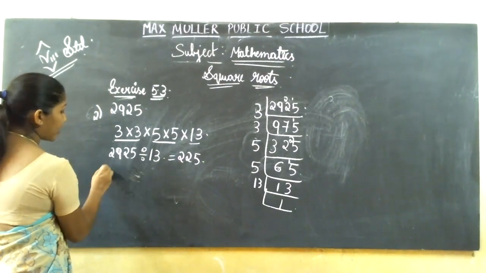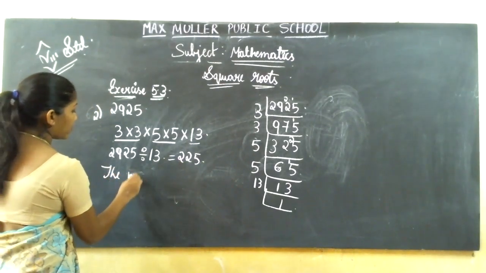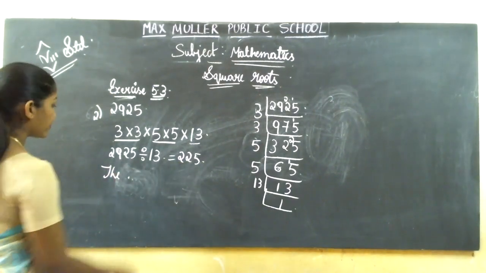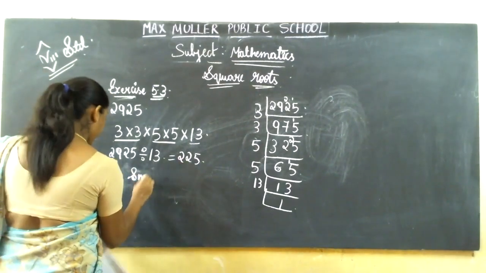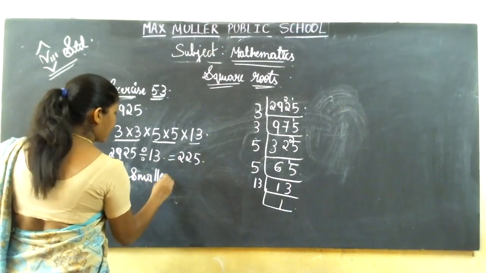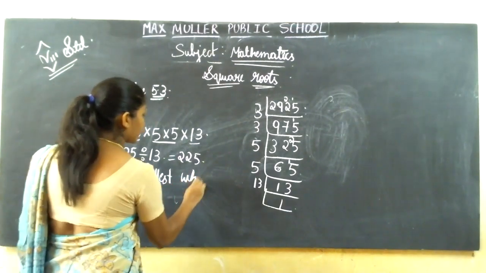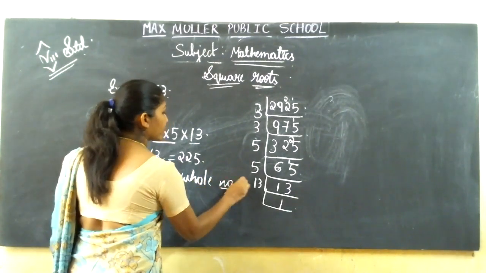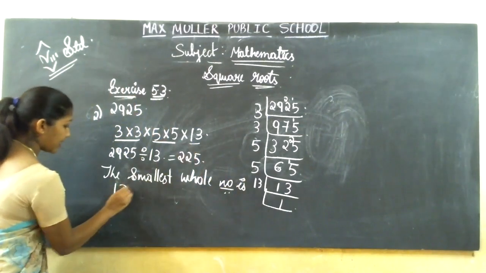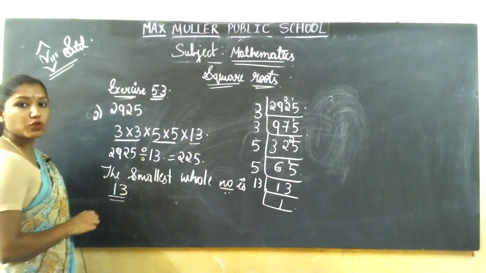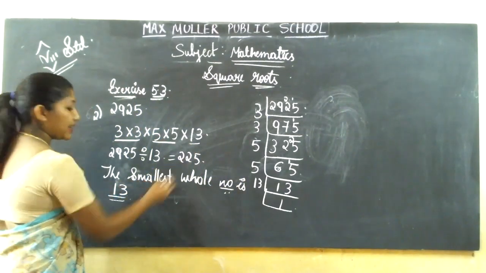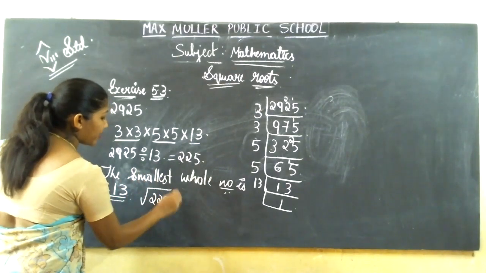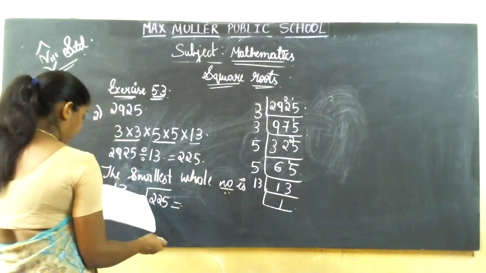First you have to write the smallest whole number is 13. Mention that the smallest whole number is 13. And you have to find out the square root for 225. That is 25. Is it?